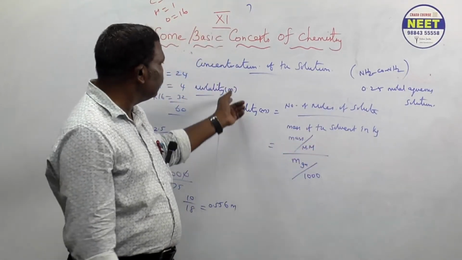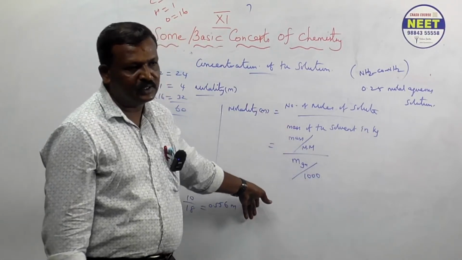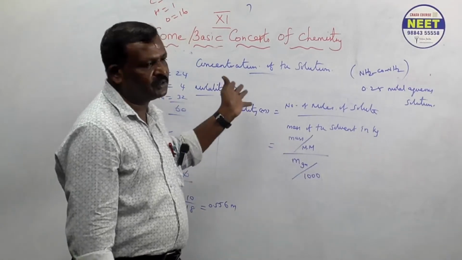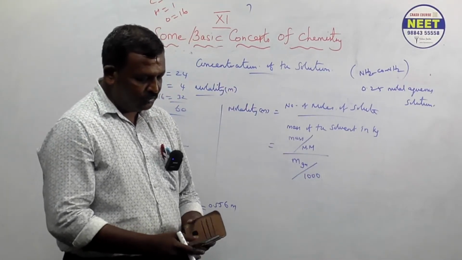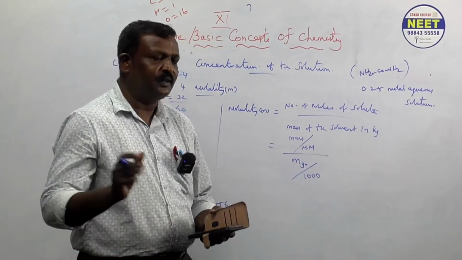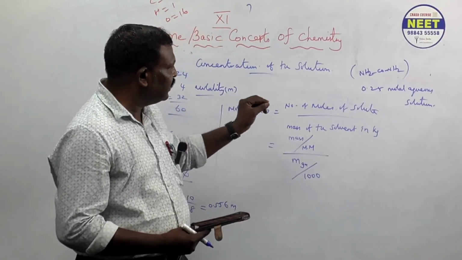Fourth, empirical formula and molecular formula. The last one is concentration of the solution. These 5 concepts are very, very important. So go through the sums. Any doubt, you can ask me. All the sums are different, so you must know each and every concept.